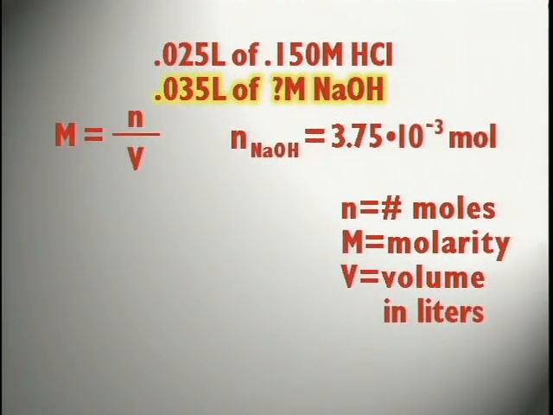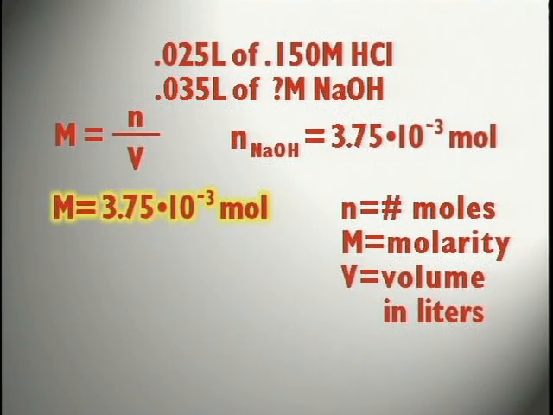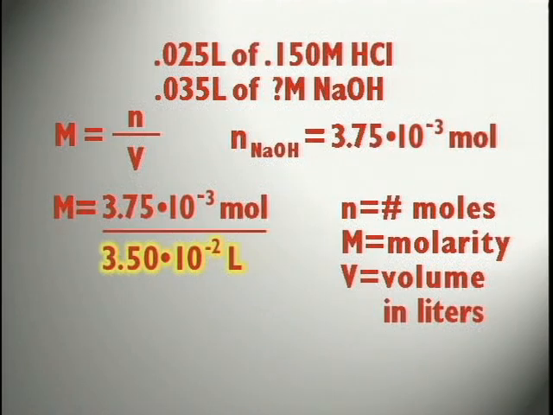Now we have enough info to find the concentration of the unknown NaOH solution. Use the molarity or concentration formula. Molarity equals the number of moles divided by the volume. In this case, that's 3.75 times 10 to the negative 3 moles divided by the volume, which we've also written using scientific notation, 3.50 times 10 to the negative 2 liters.